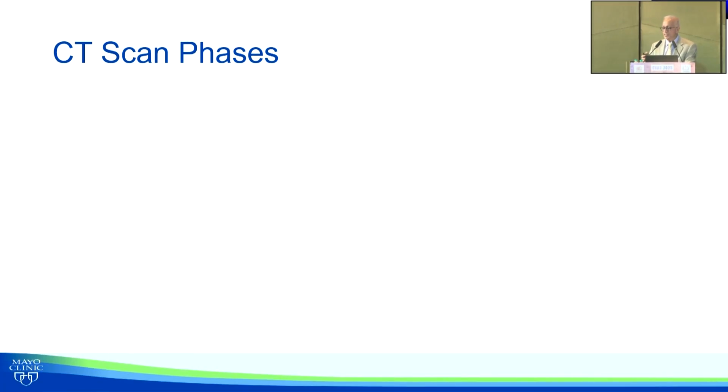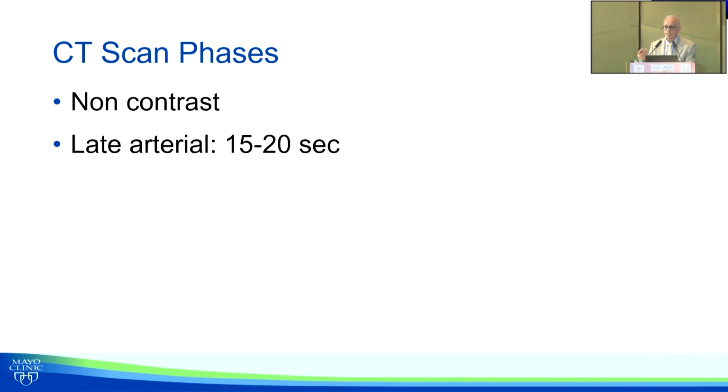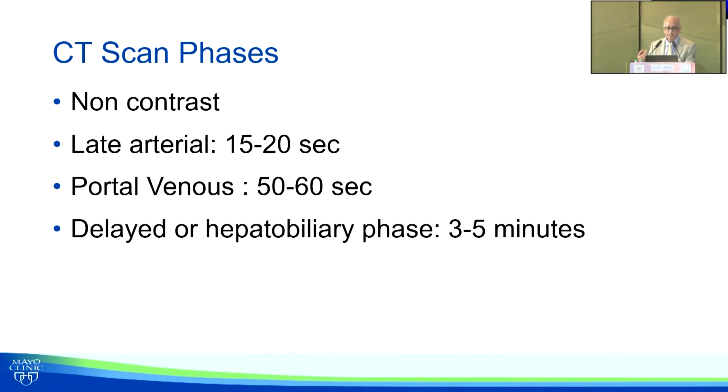Now let's go to CT scan. CT scan has different phases, and towards the end I'm going to give you the cautions about interpreting CT scans. So the best CT scan will have a non-contrast, a late arterial, a portal venous, and a hepatobiliary phase. So this is a 4-phase CT scan.